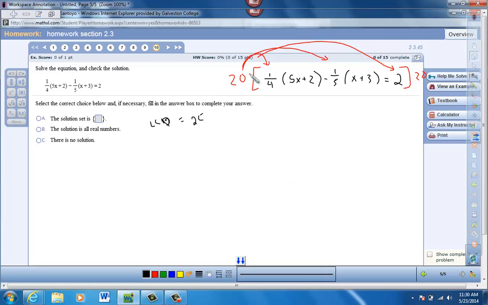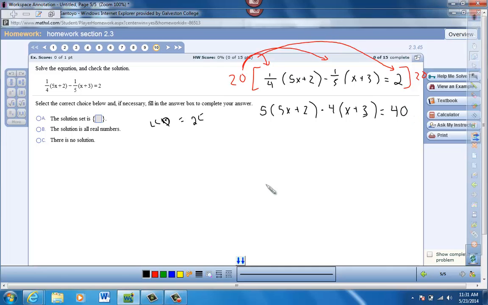Okay? 20 times 1/4, well, 20 times 1 is 20, divided by 4 is 5. And look at that, we get rid of that fraction. Bring the minus sign down. 20 times 1 is 20. 20 divided by 5 is 4. And then we do 20 times 2, which gives us 40.